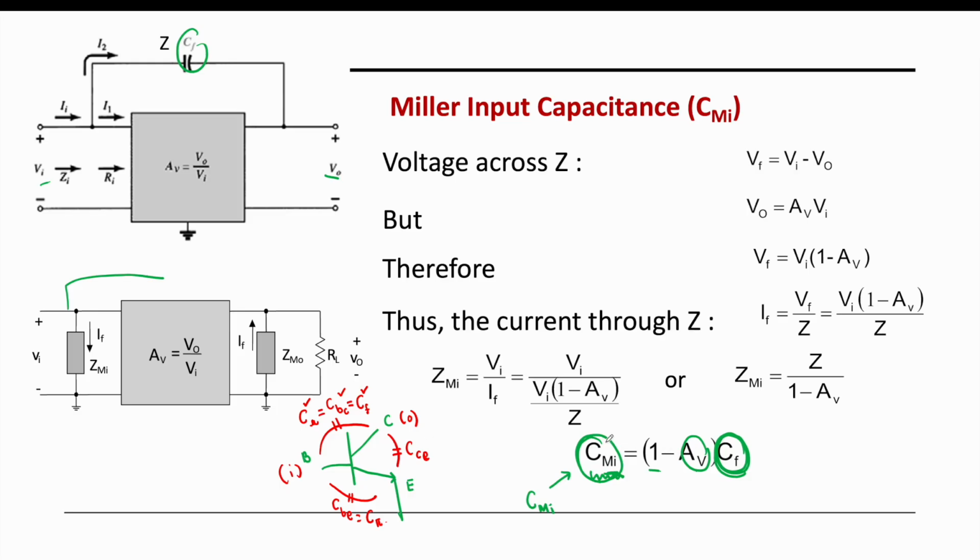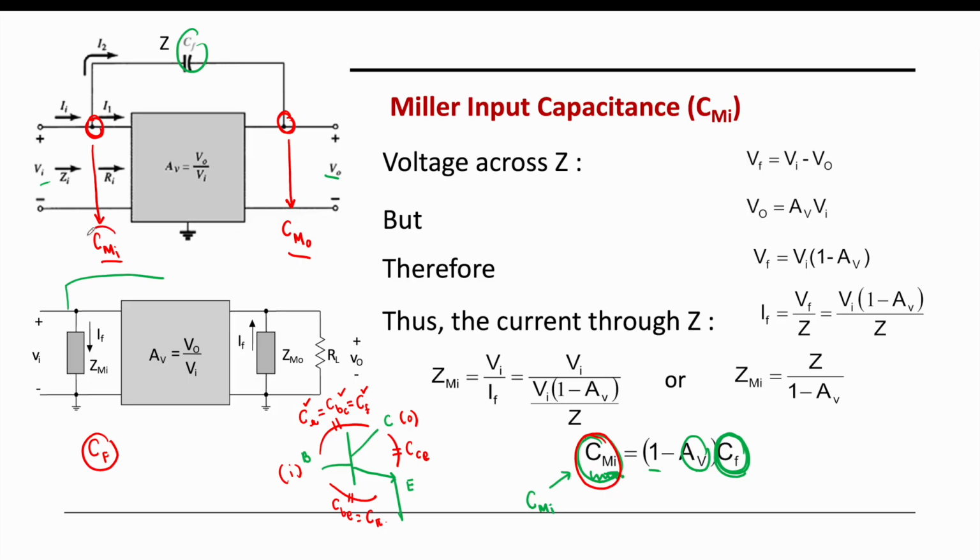Now, in order for us to calculate the effect of the Miller at the input, let's say this CF happens between the input node and the output node, and between this input and this output we can separate it into CMI and CMO, which are the capacitance of the Miller effect at the input and the capacitance of the Miller effect at the output.